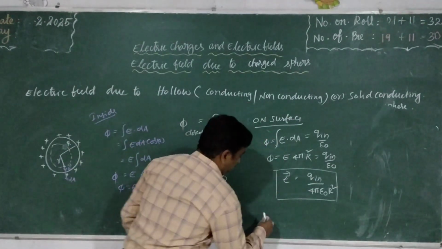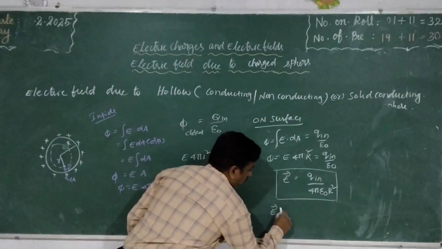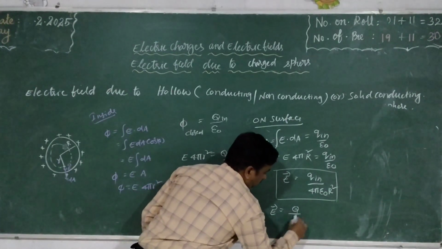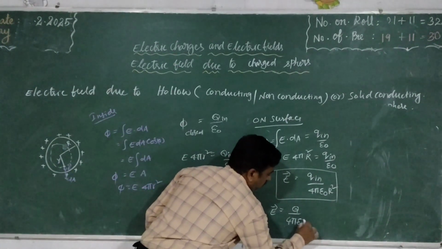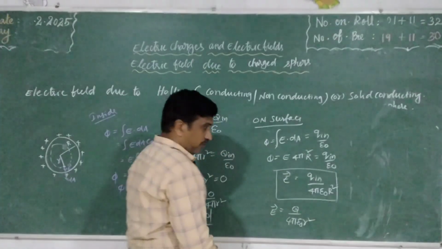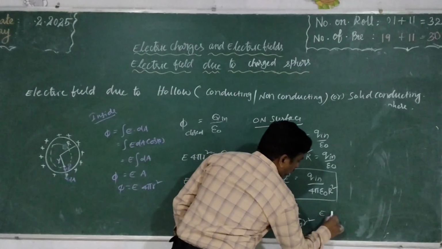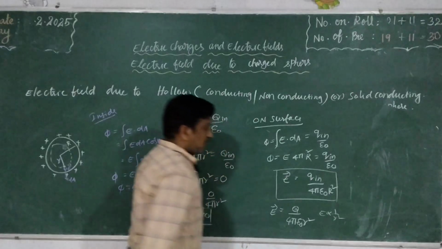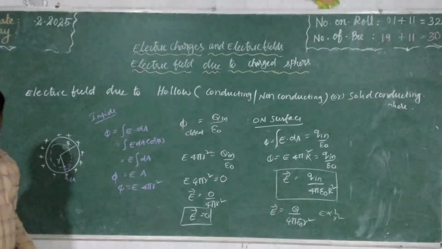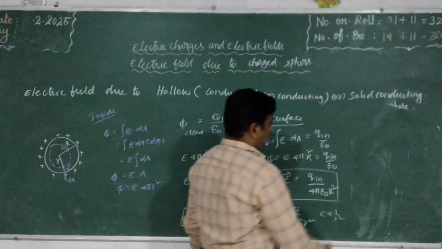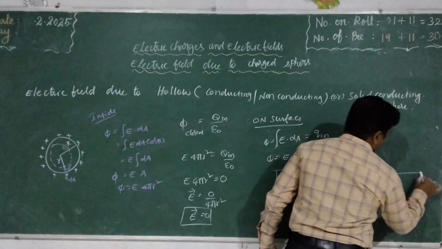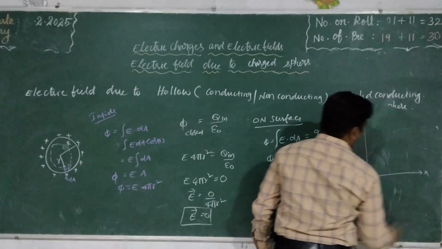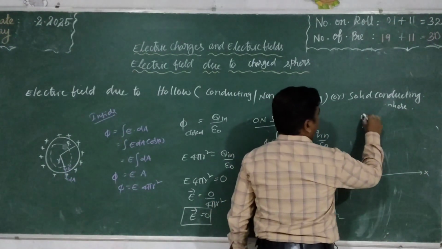Outside, what can we get for the electric field now? Q by 4 pi epsilon naught small r squared, as we discussed before. That means E is proportional to 1 by r squared. For all this we can draw the graph. On the x axis we take distance, on the y axis the electric field.